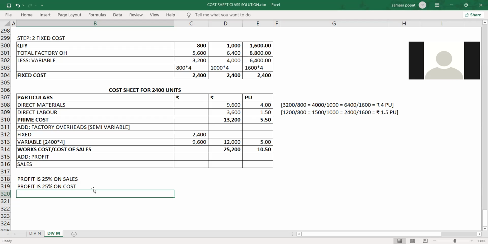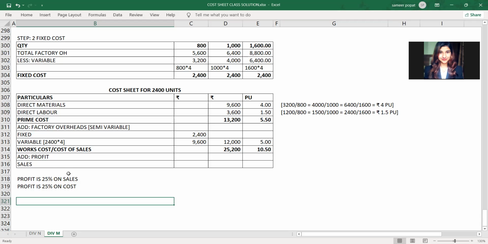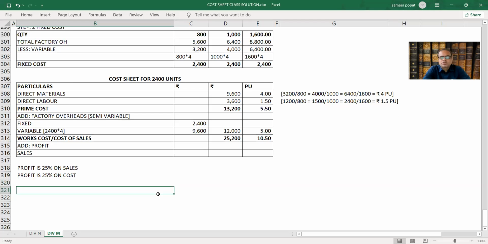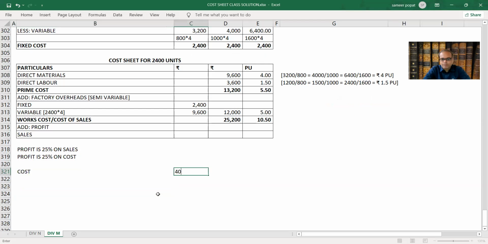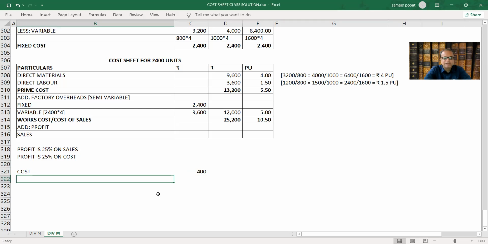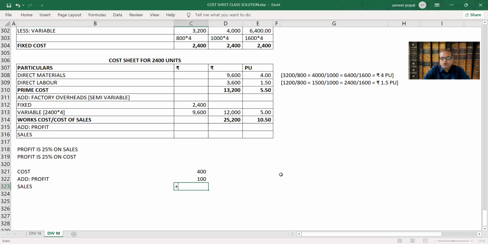So different. Both are different. Okay, so let me just try to explain you why it is different. Let us assume that cost is 400 rupees. I'm just assuming a random number. So it is not linked with the previous solution. So don't compare it with the solution. I'm just taking a random number. So suppose cost is 400, profit is 100, and sales would be cost plus profit.